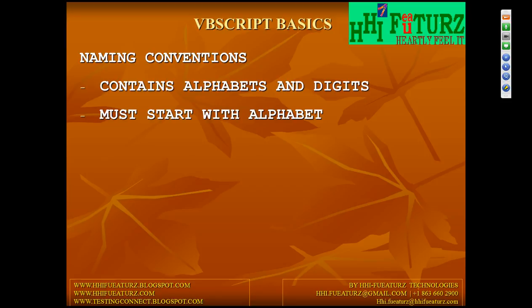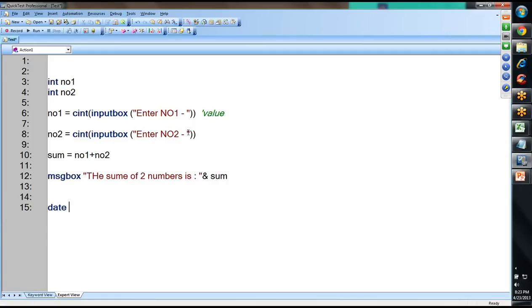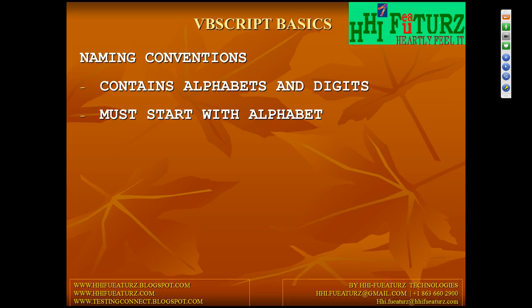In any programming language you have to give names for variables. Here in QTP, I'm giving number1, number2. What are the rules and regulations for naming these variables? They may contain alphabets and digits.